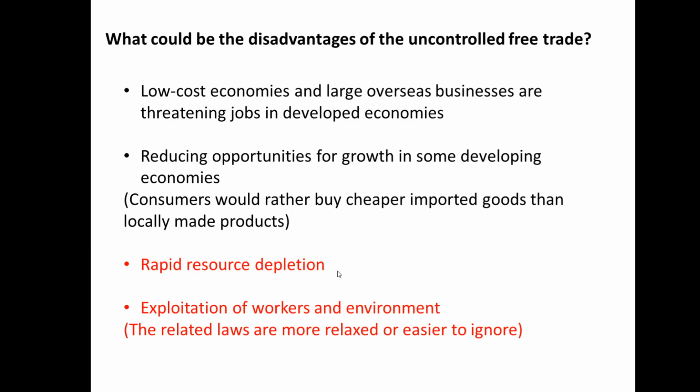Because now you produce more, you use more resources, and thinking about this negatively, eventually resource depletion. And sometimes you will see exploitation of workers and the environment. Overproduction, then the environment will be destroyed. And sometimes when you encourage trade, trade is not always limited to goods and services. It can be foreign investment.